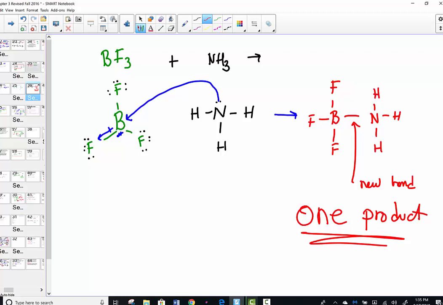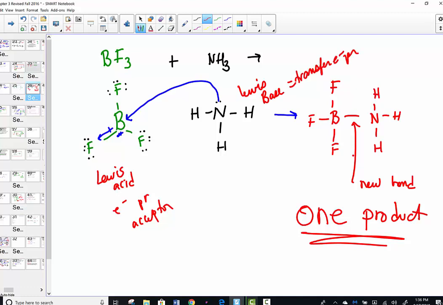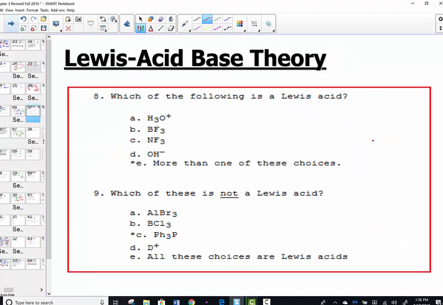When we form a new bond, it's one product. This would be called a Lewis acid because it accepted an electron pair. This is called a Lewis base because it transferred an electron pair. A Lewis base, a Lewis acid, all about electron push arrows.